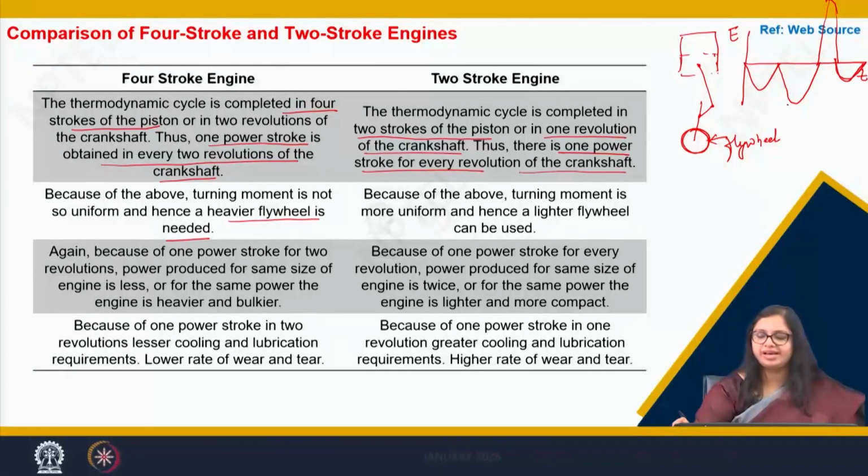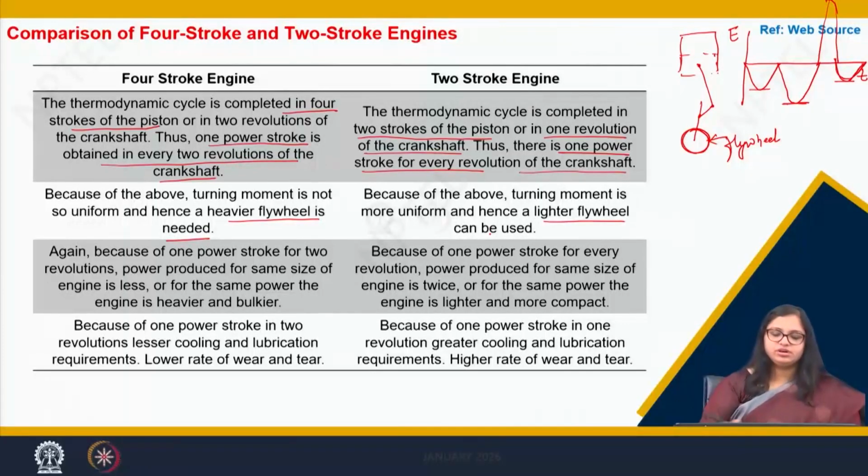So the maximum energy is taken in compression, followed by suction, and then exhaust. However, you will see a smooth turning moment diagram in a 2-stroke engine, and hence a lighter flywheel can be used, unlike your 4-stroke engine where a heavier flywheel is needed.